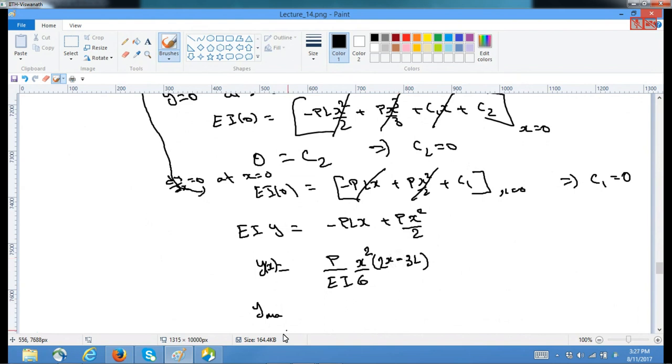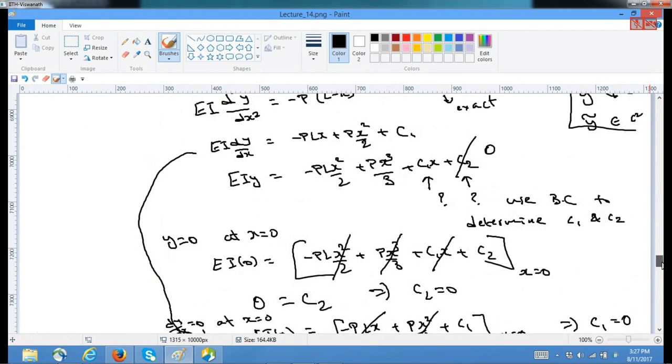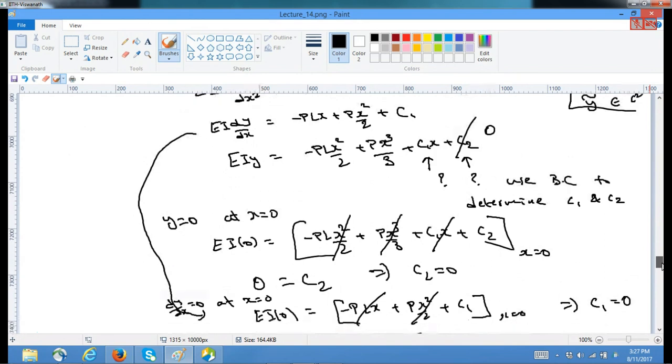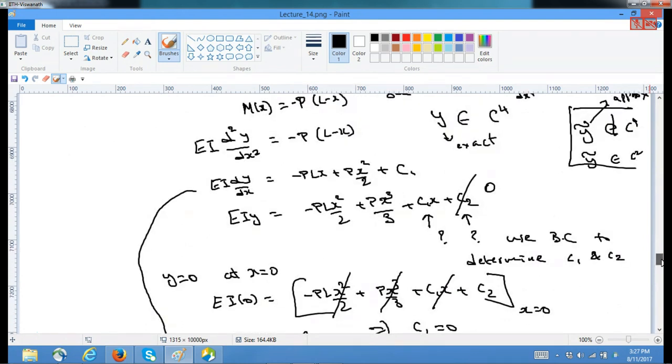So now y max occurs at x equal to L. Then when I substitute P L square by 6 into 2L minus 3L, that will give me, let me see if I'm not making anything else wrong. I have made something wrong. So when I integrate it, already 2 is there. When I integrate it, this will become 6EI.